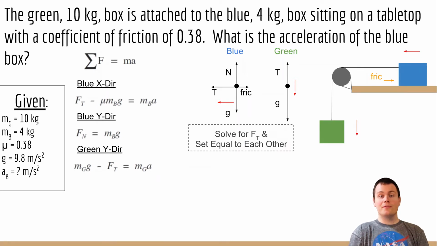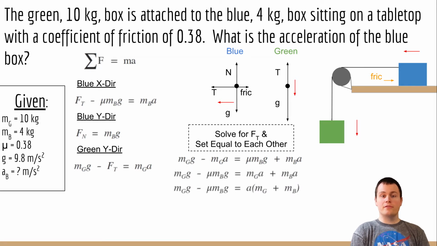Next, we want to solve for the force of tension in both equations, and then set them equal to each other. When we do that, we get a big long equation that looks really complicated, and all we have to do is a little algebra to solve for the acceleration.